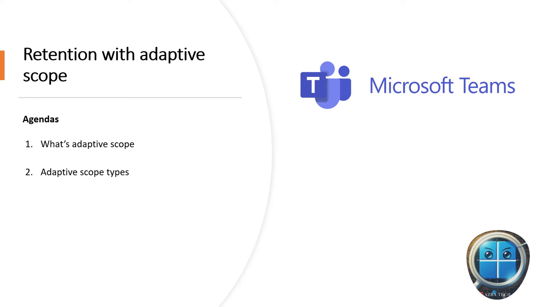Now the question is, okay, we covered the user chats, we covered the channel chats. What about the files that are in OneDrive, as well as the files that are in SharePoint? Now with the adaptive scope, you can also target SharePoint sites based on the names or specific attributes that you can define.